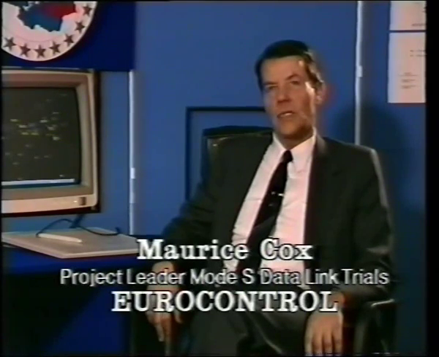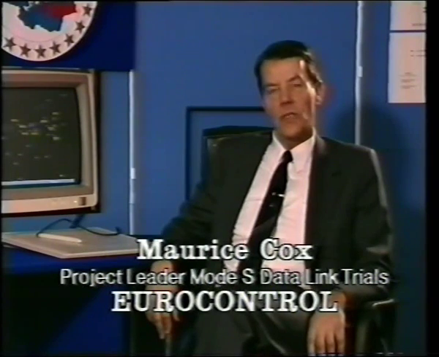The Mode S datalink that we're discussing today is a development of the conventional secondary radar. I think the large part of the work done on the Mode S development started under a much different name.